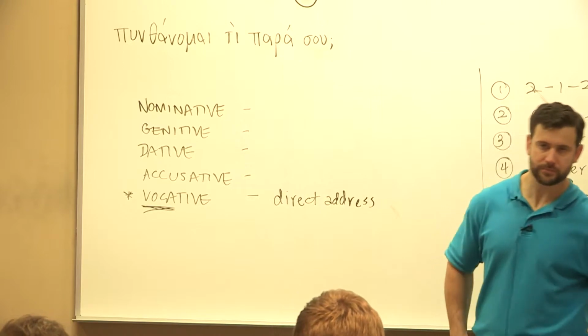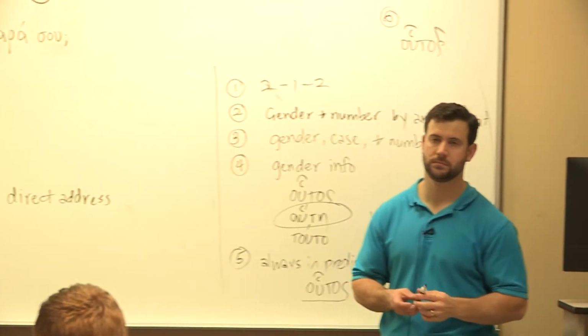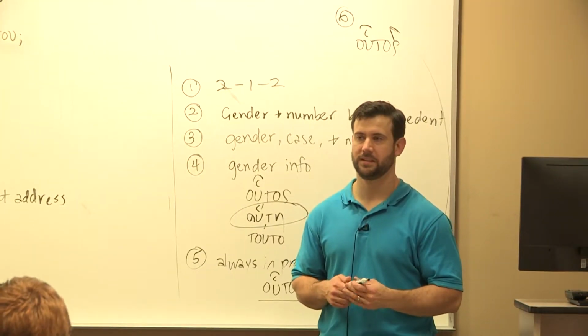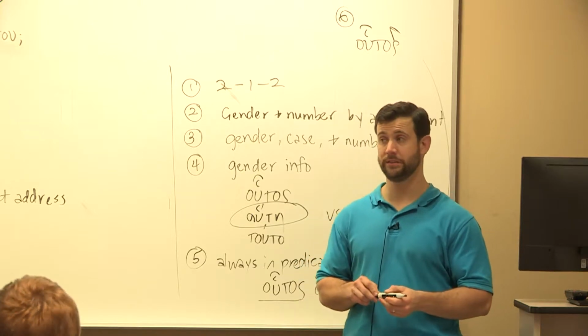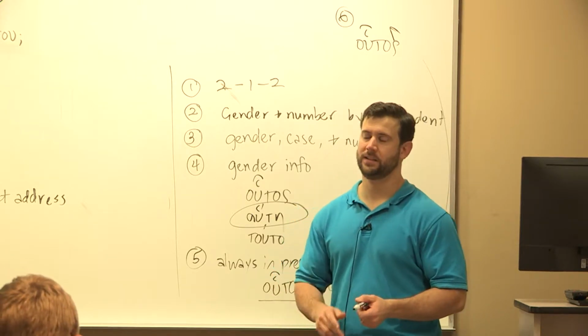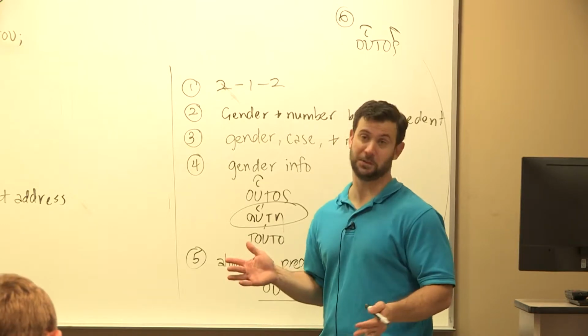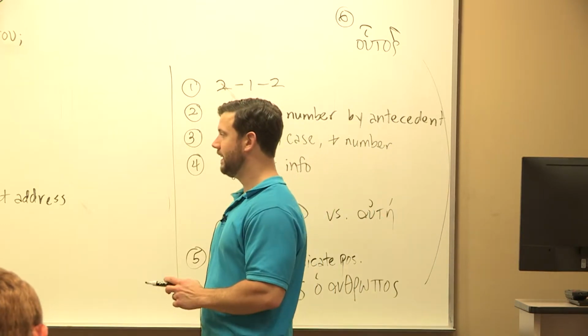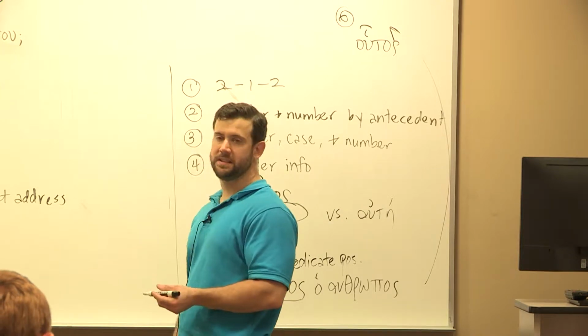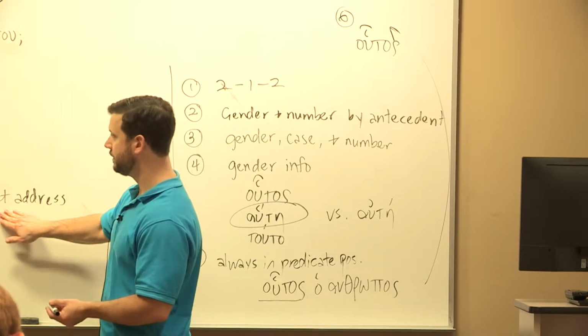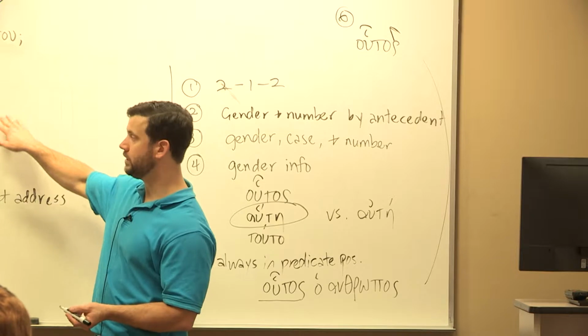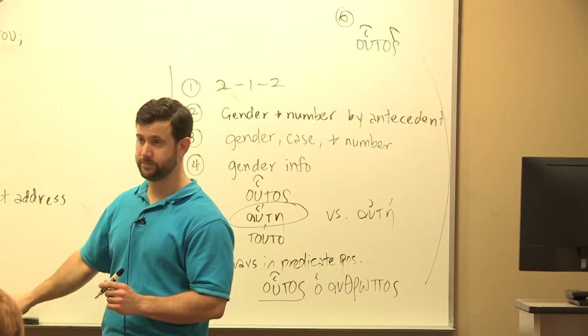All right, question? Phil told me this case isn't real. It's not real. Phil Morrow told you that? Well, Phil's just living in a fantasy world. So what he may mean is this: the vocative is almost always identical in form to the nominative.